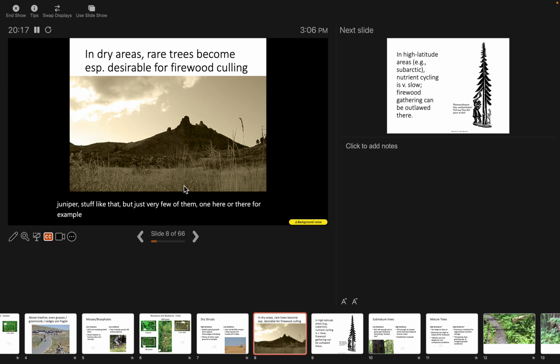In this whole frame, we've got just a couple of individual tree organisms, and the rest isn't real good for making campfires out of, because you don't want to make a campfire out of tumbleweed. What if it starts to tumble?